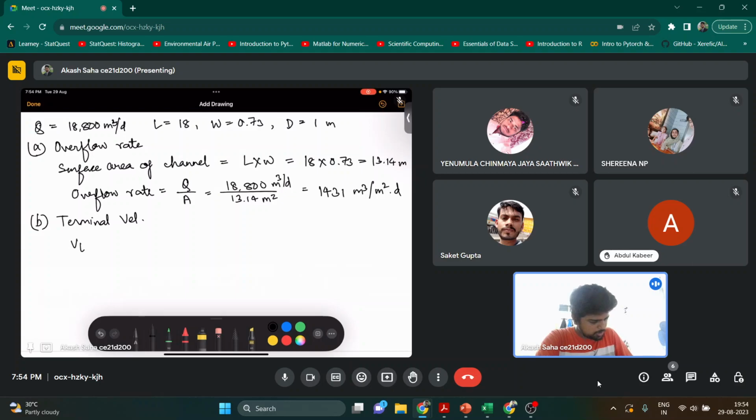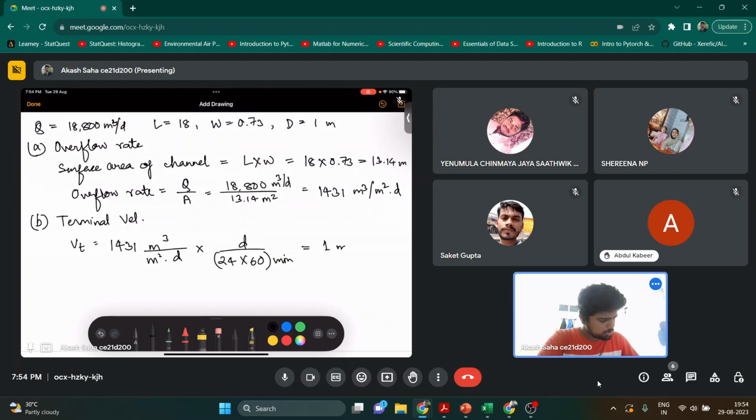So the next part is the terminal velocity. My terminal velocity Vt will be the same as my overflow rate, because the terminal velocity of the smallest particle at 100% efficiency will be equal to my overflow rate. So I will just change it into meter per minute by dividing by 24 into 60.